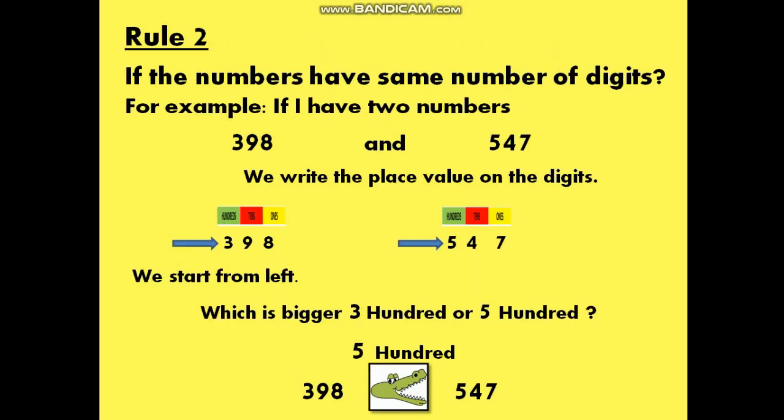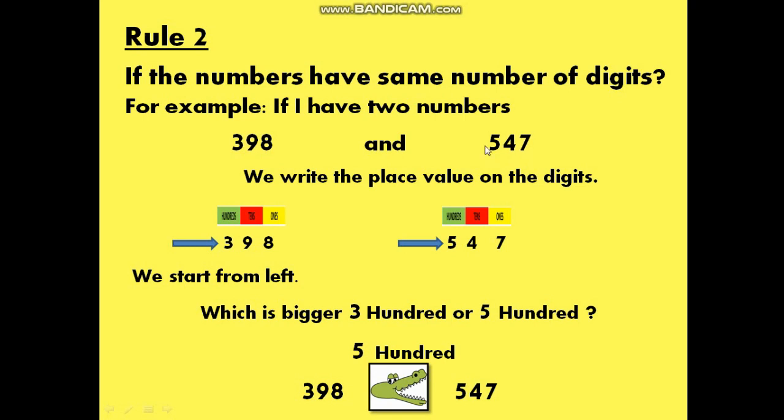Let us do Rule 2. Rule 2 says that if the numbers have the same number of digits. Earlier we discussed if the digits are more or less, but if the digits are the same, for example, here there are 3 digits, hundreds, tens and ones, and here again 3 digits.